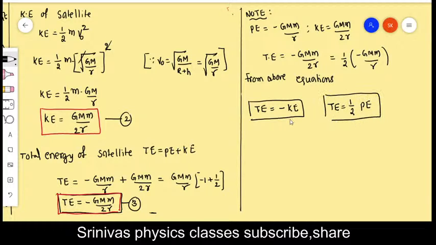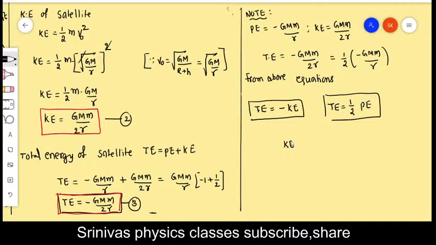You need not remember the relations between total energy and kinetic energy, or total energy and potential energy. Just remember the formulas of potential energy, kinetic energy and total energy of a satellite; then automatically while solving problems we can use them.